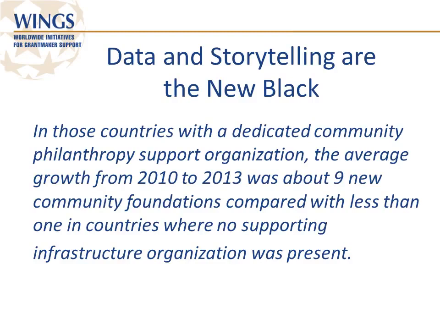So you can see here that between 2010 and 2013, countries with support organizations had 9 times more community foundations than other countries. And using this kind of information and different stories is very helpful. But what we really need are ways to assess impact systematically and in a way that is comparable across organizations.